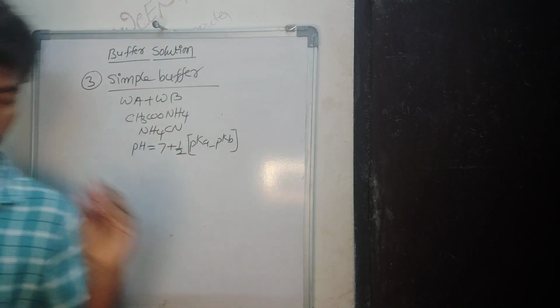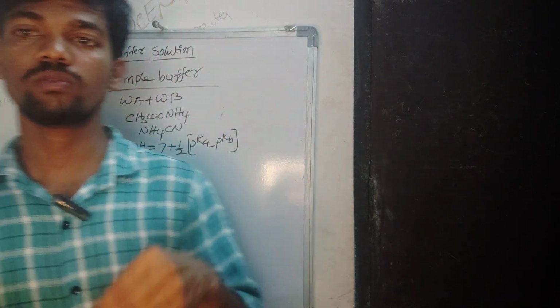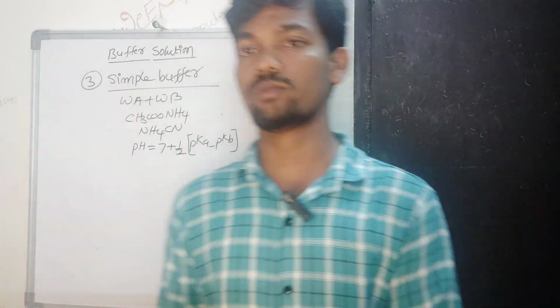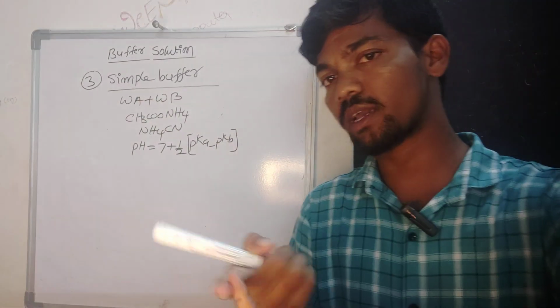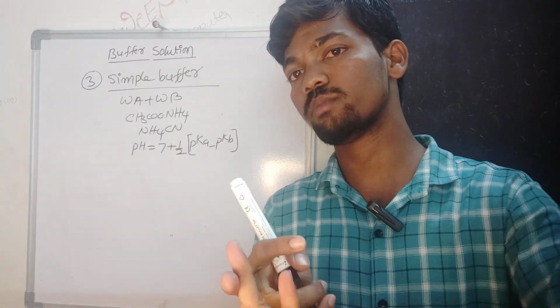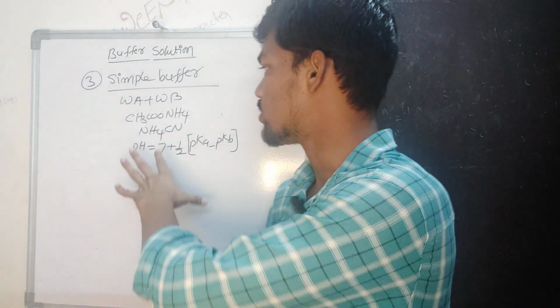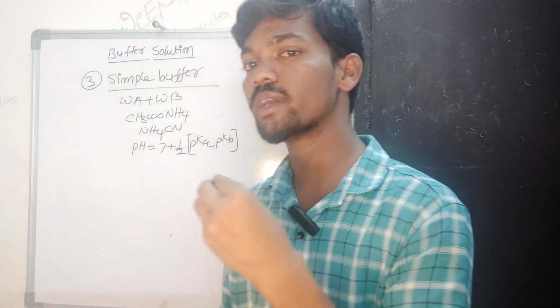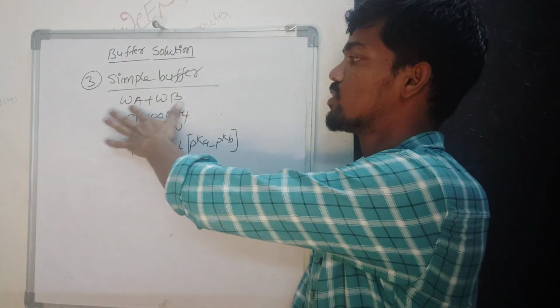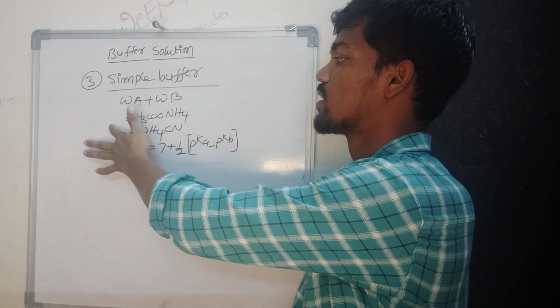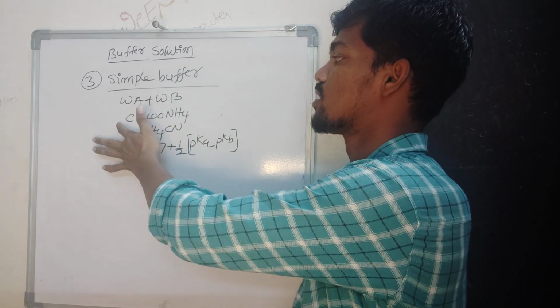So here we take both weak acid and weak base. You have to take both weak acid and weak base. So by getting this value, its conjugates will be conjugate strong acid and conjugate strong base.